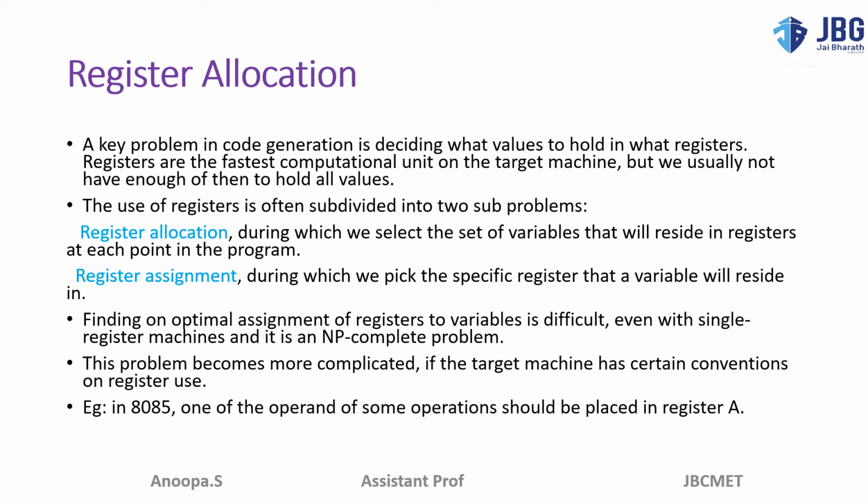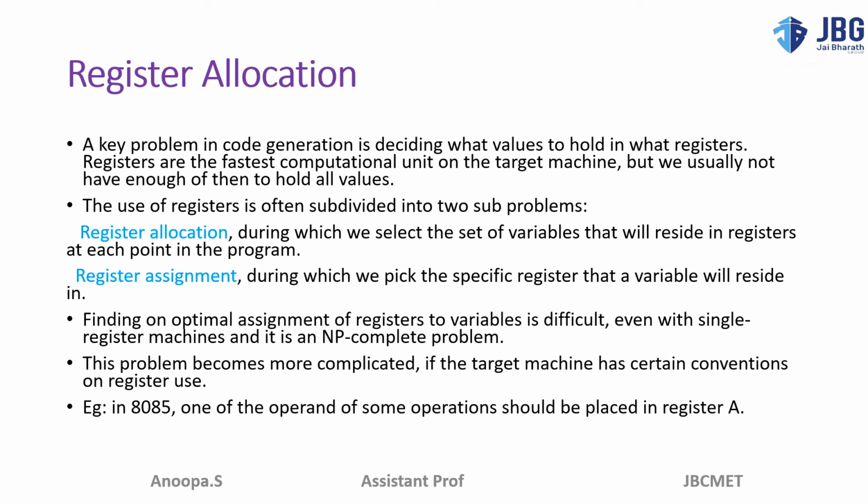Register allocation is the step during which we select the set of variables that will reside in registers at each point in a program. Whereas register assignment is the step during which we pick the specific register that a variable will reside in.